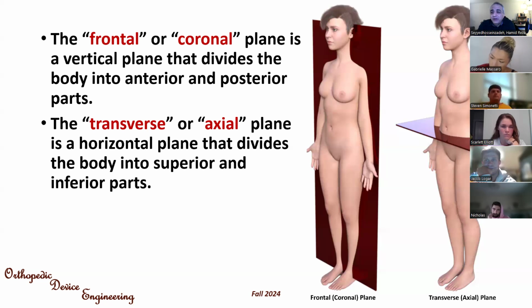And whatever you see in CT scan are several successive transverse cuts of the body along the axial plane. If you want to study CT scan, you must be familiar with the anatomy of the body along the axial or transverse plane.